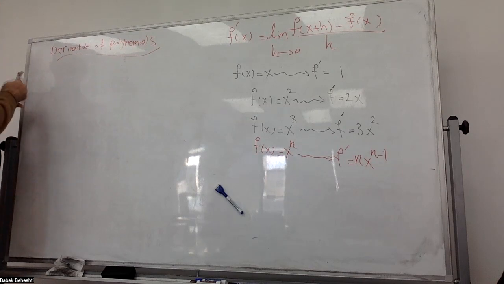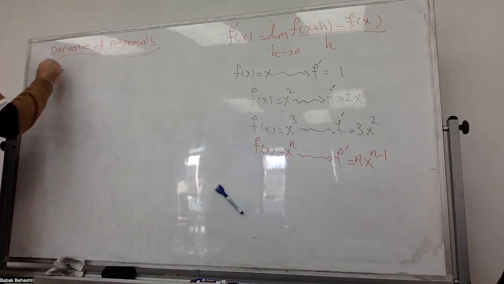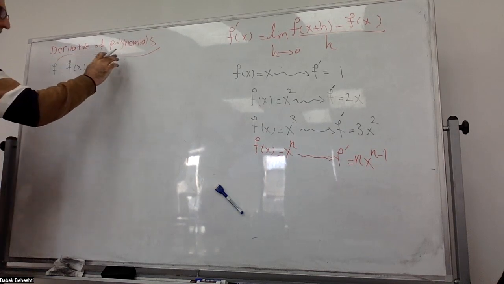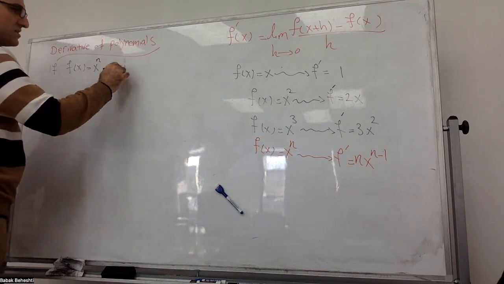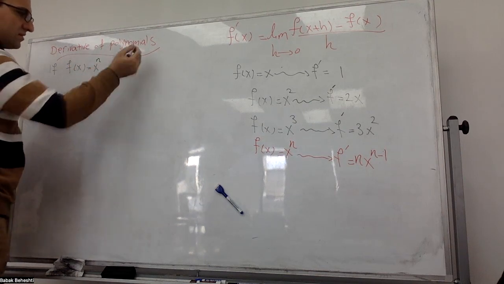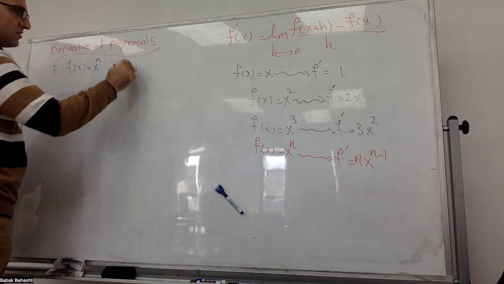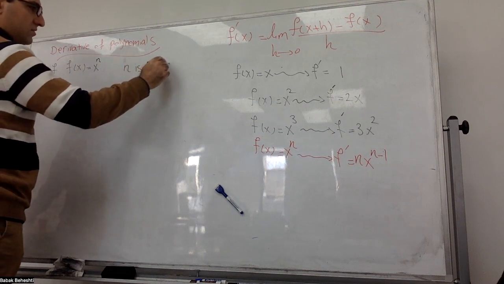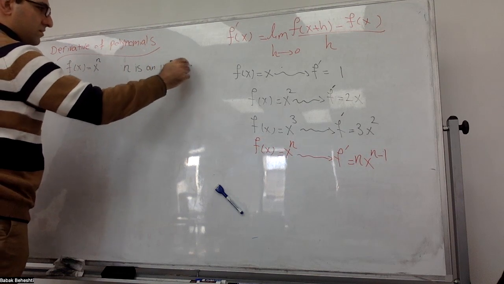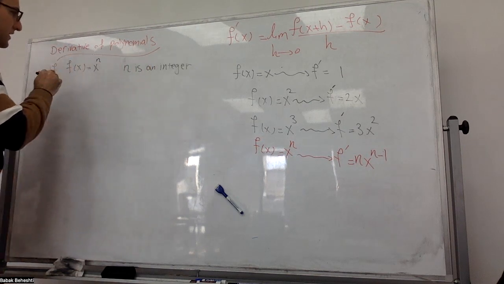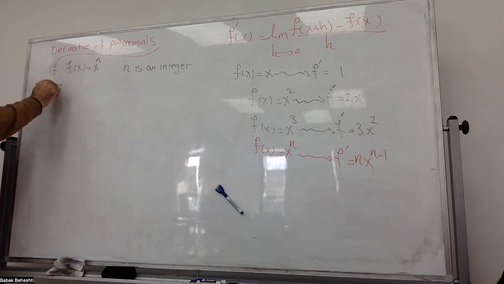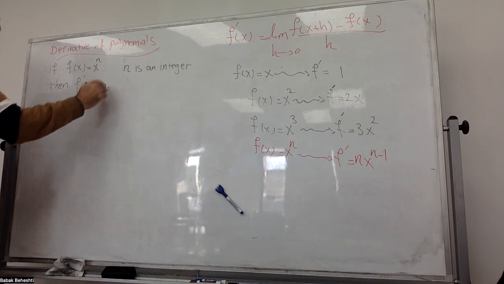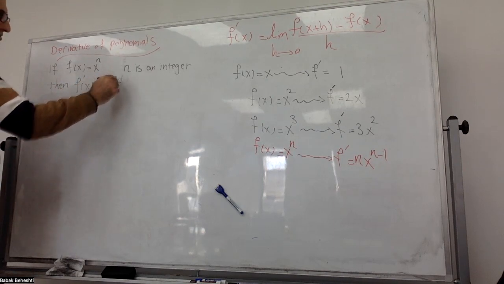So we can prove that in general, if f of x equal to x to the power n, where n is an integer, then f prime of x is n times x to the power n minus 1.